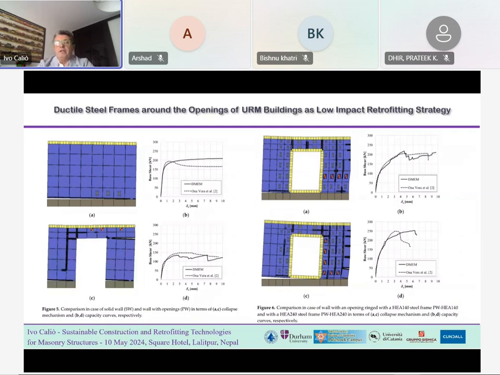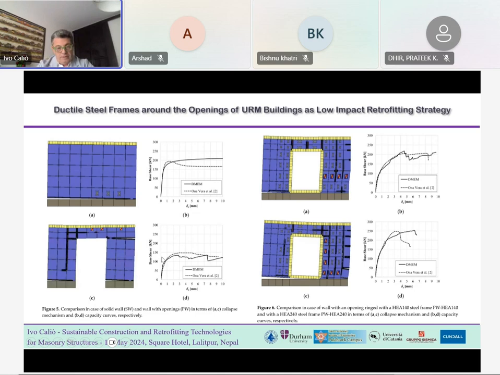This solution has the great advantage not only to improve the resistance and ductility of the overall system, but also to guide the collapse behavior versus the more dissipative mechanisms, any opening and any retrofitting solution.